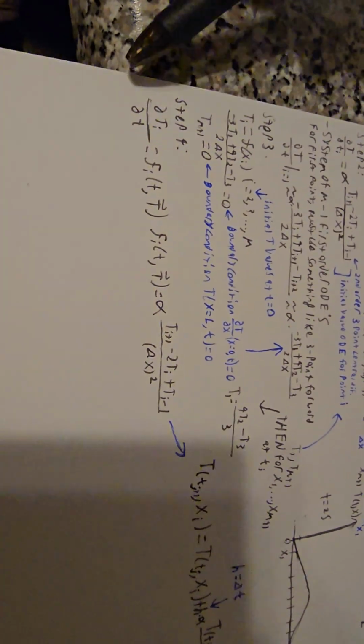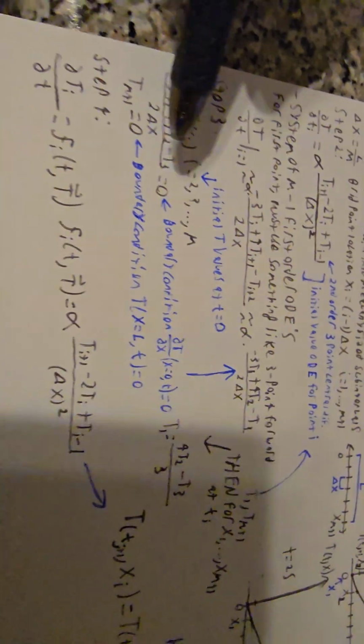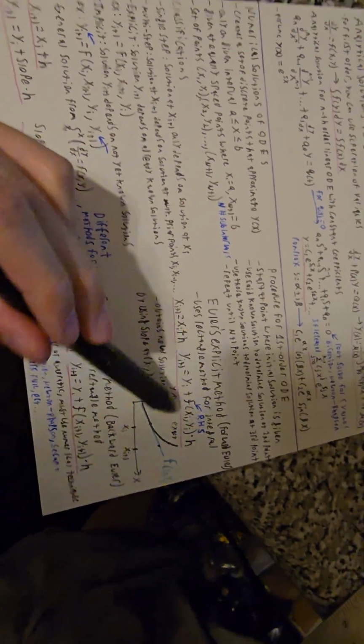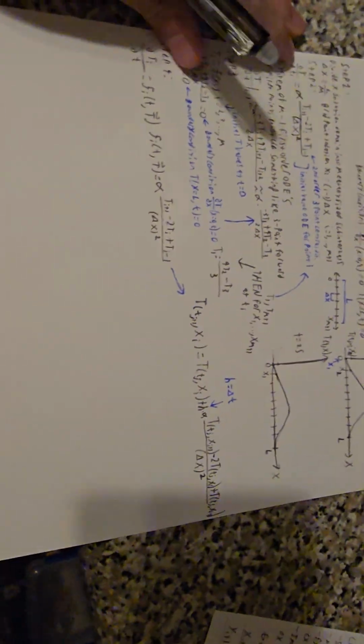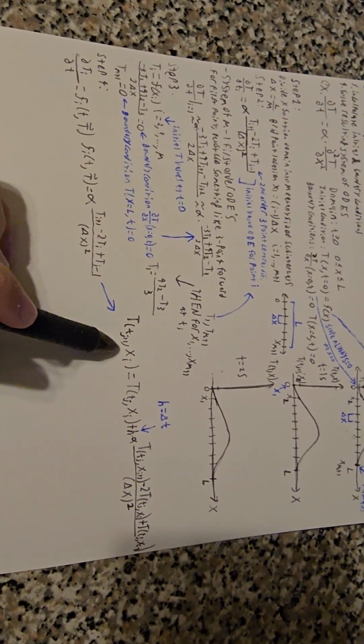And then step 4 is when we put it all together. And so this is where we use the numerical solutions, right? This is where we use this. So right here, I'm using a forward method, right? And so this value at t of j plus 1, x of i.